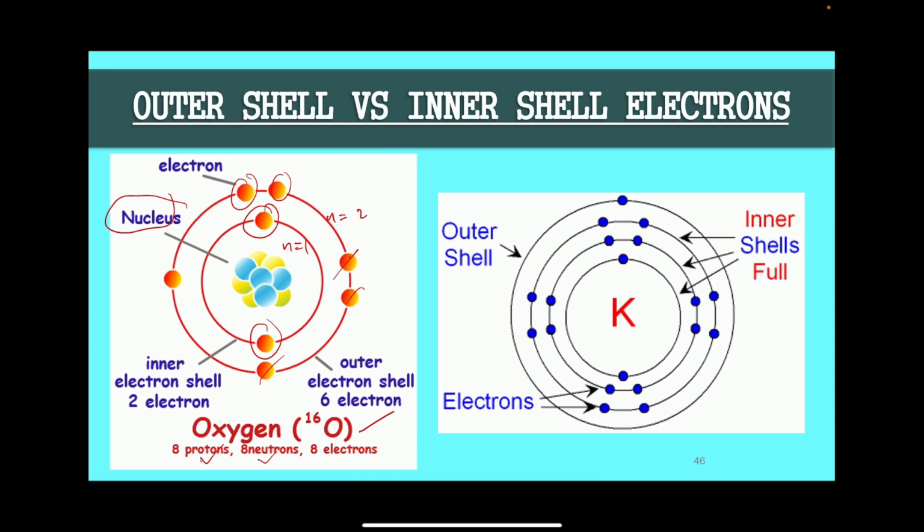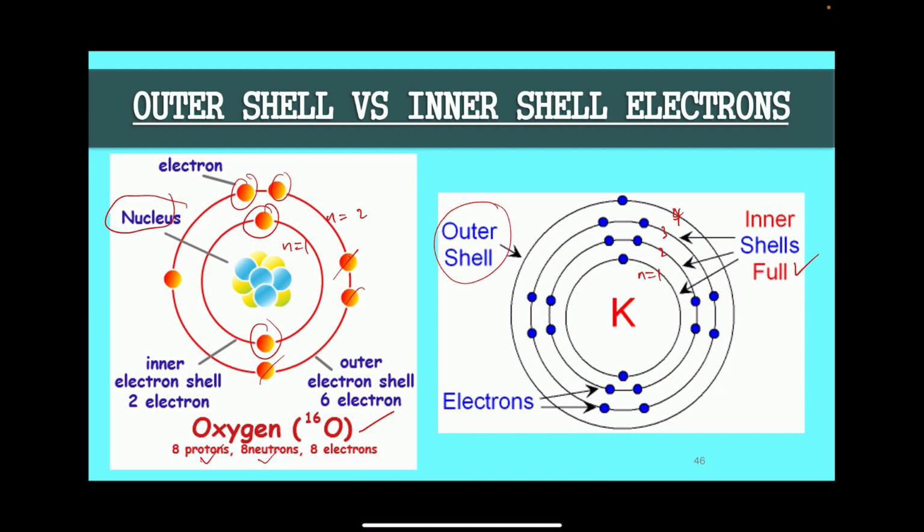Another example, we use the potassium. Okay, in potassium, they have 1, 2, 3, 4 shell. And 1, 2, 3, we call it as our inner shell. While for number 4, as n is equal to 4, we call it as outer shell.